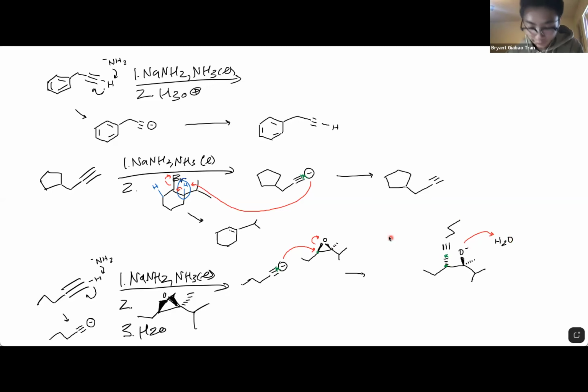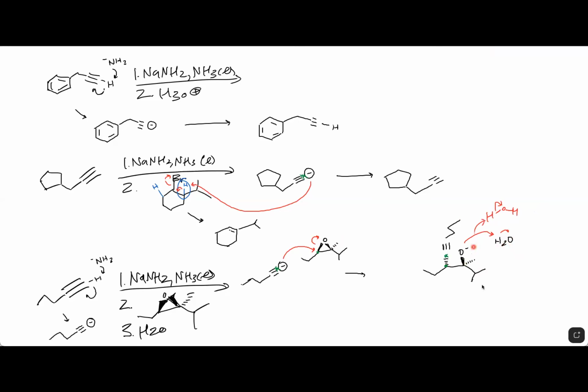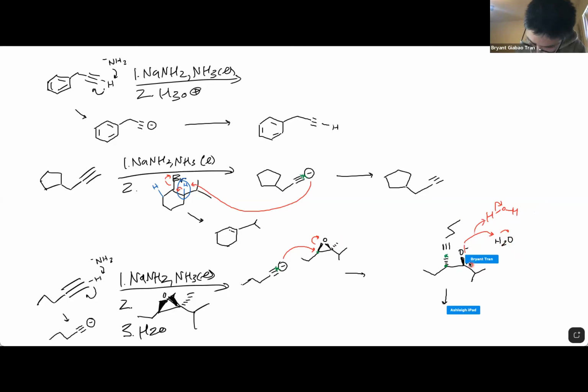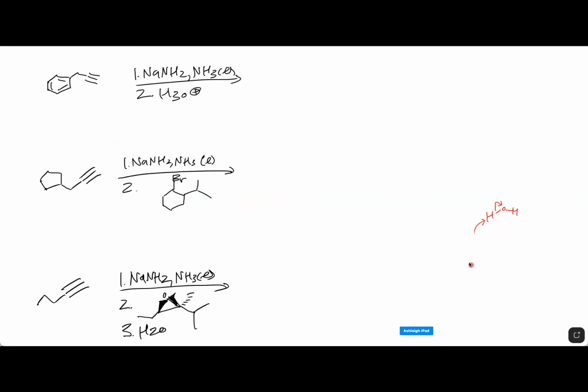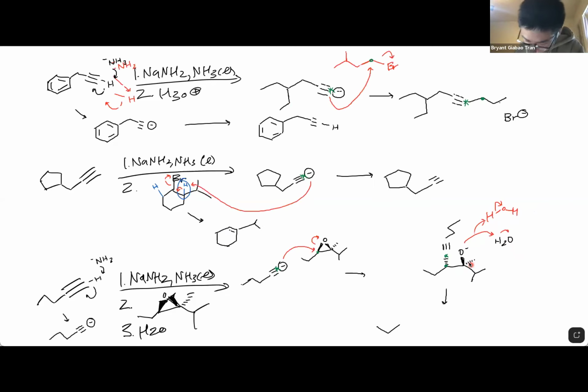It would be more clear to see if we drew it like this: let's say we had H2O like that. It could grab that H and kick that out to become OH minus. It's the same thing, and then this becomes an alcohol. I guess I don't have to redraw it. Like that, final answer.